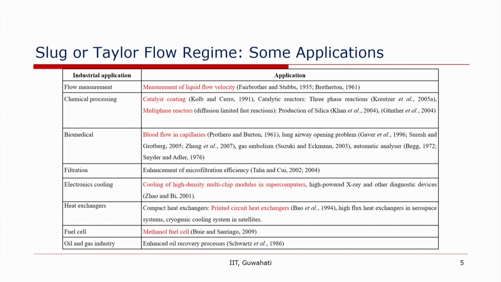Some of the applications, as I said: it was earlier described for measurement of liquid velocity. The concept is still being used, and people are trying to develop multi-phase flow meters based on it. Then in chemical processing, for example, catalyst coating and multi-phase micro reactors.